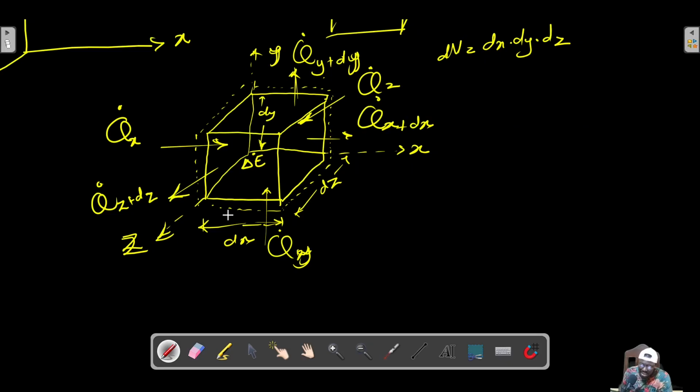Similarly, as the heat was moving through my control volume, there was also heat generation within it, because we are not assuming that the heat flow is steady. No, we are not assuming that. It could be that within the infinitesimal control volume, heat was generated. That heat generated, I'm representing with J dot. That's the heat generation within the control volume.